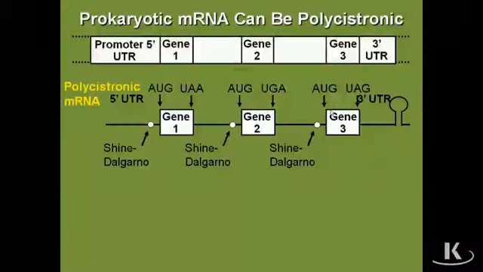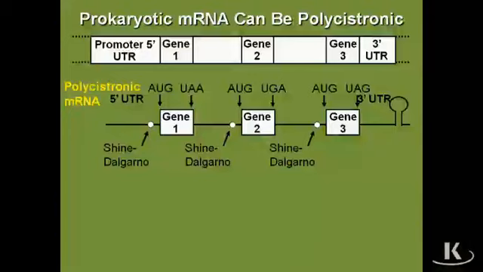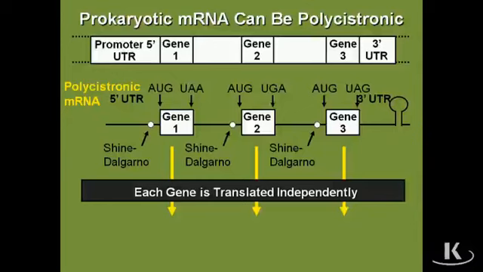It has to reassociate, bind to this Shine-Dalgarno sequence, translate gene 3 into a protein. So the point for polycistronic messages is that they're made as one messenger RNA unit, 3 to 4 to 5 distinct genes, but they're all translated independently. That's the key. Each gene is translated independently.